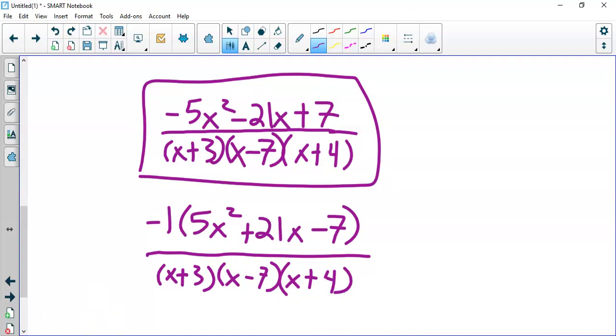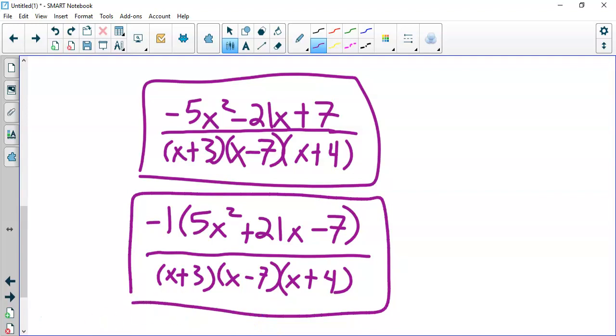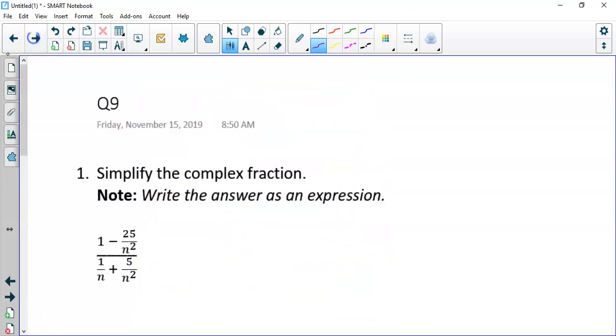Even with the x squared positive, it still doesn't factor, just so you know. Yeah. So either one of those are correct. This is what we called a factored answer. This is what we called a multiplied out answer. So both are A-OK. Okay? Yes. Good. Glad you agree. Let's move on. Like I said, I think that one's your longest problem because it just takes a while to get through it.